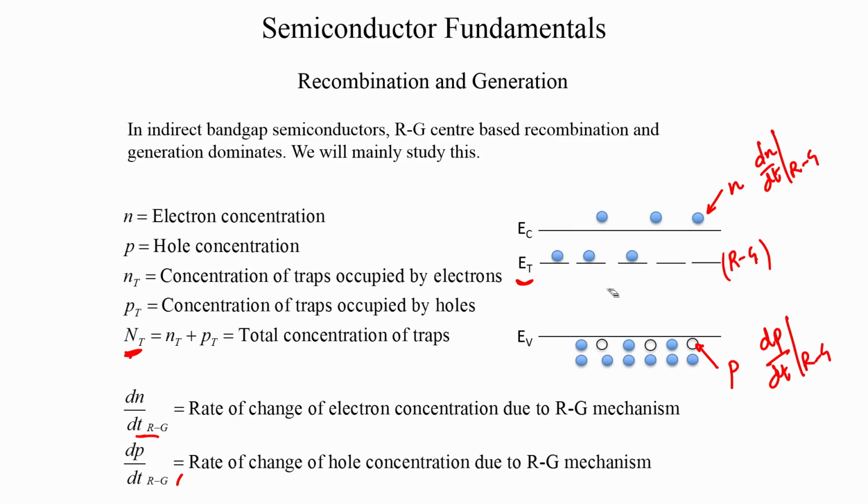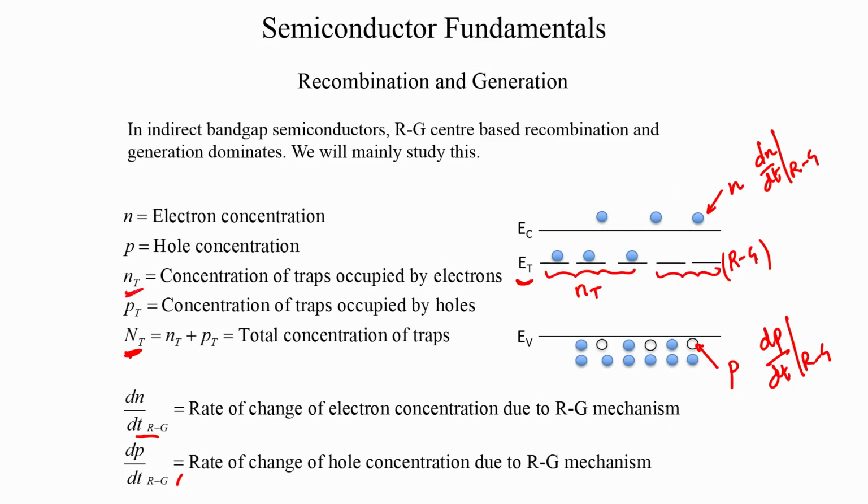Now, of this capital N T, some of the traps are occupied by electrons and some of the traps are empty. The traps that are occupied by electrons, we will say has a concentration of small n t.